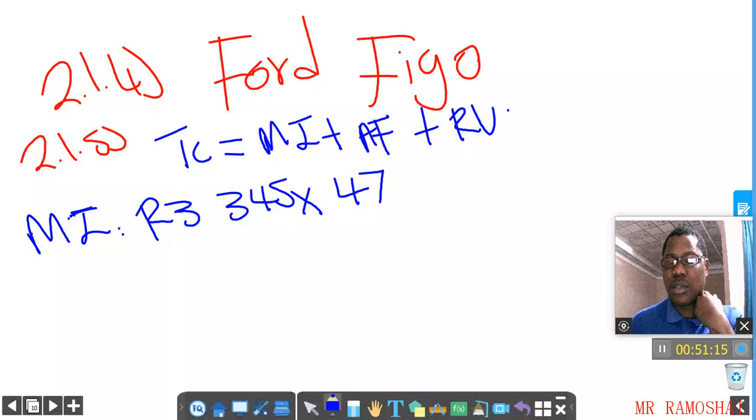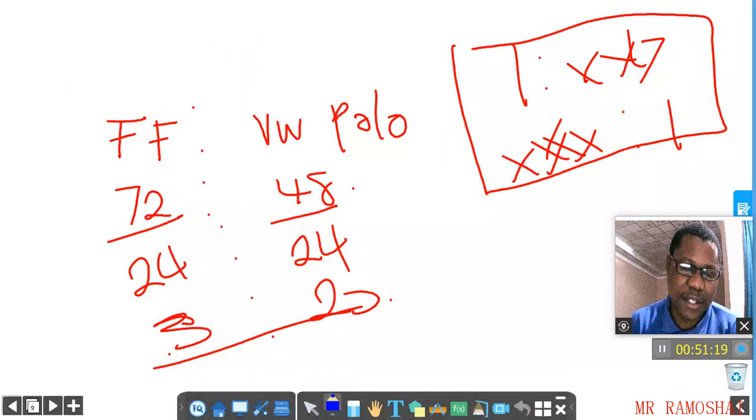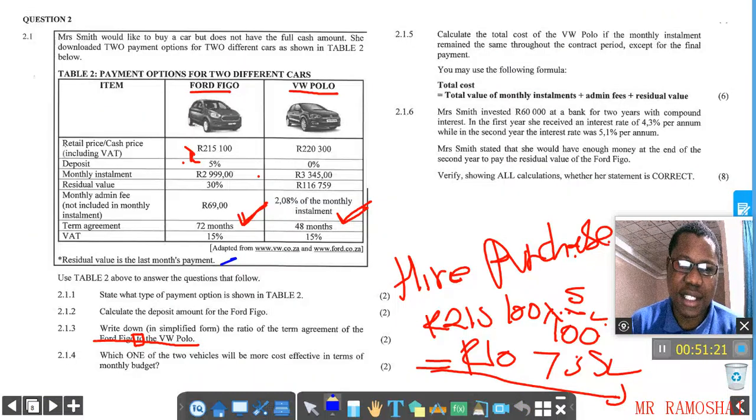Now someone asks, why do I have to say 47? Whereas here they say we're going to pay the term agreement for 48. Now the reason why I say 47 is because on the 48th month, you are not going to pay the monthly payment, you are going to pay the residual value, because they say residual value is the last month payment.